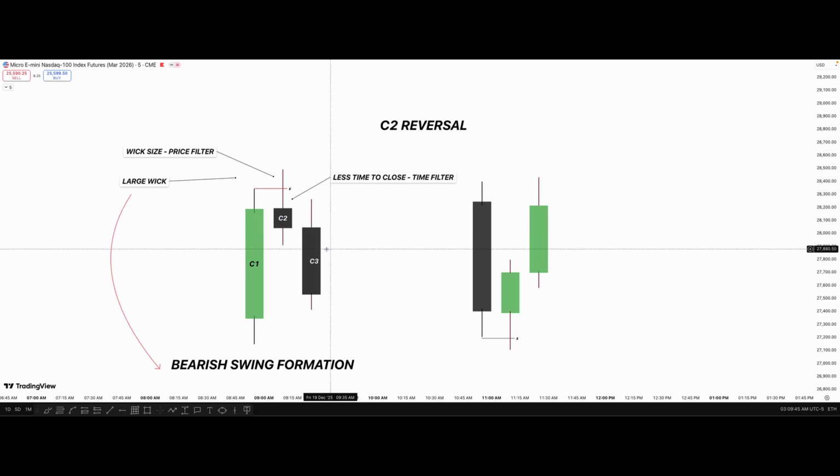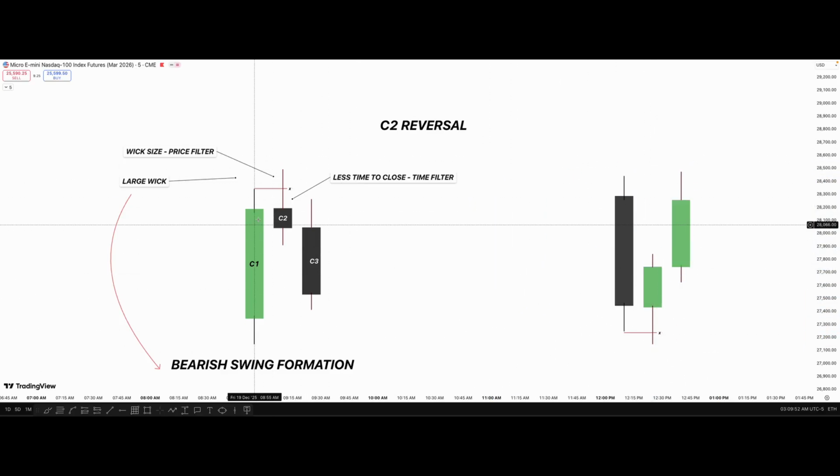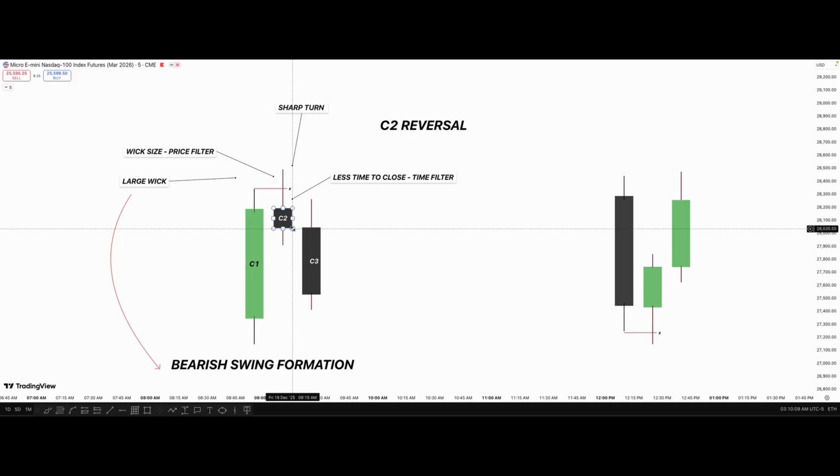And then how will we actually trade the markets? If you want to trade this candle, or this sequence, this is where your sharp turn happens, right? And then you will actually trade.